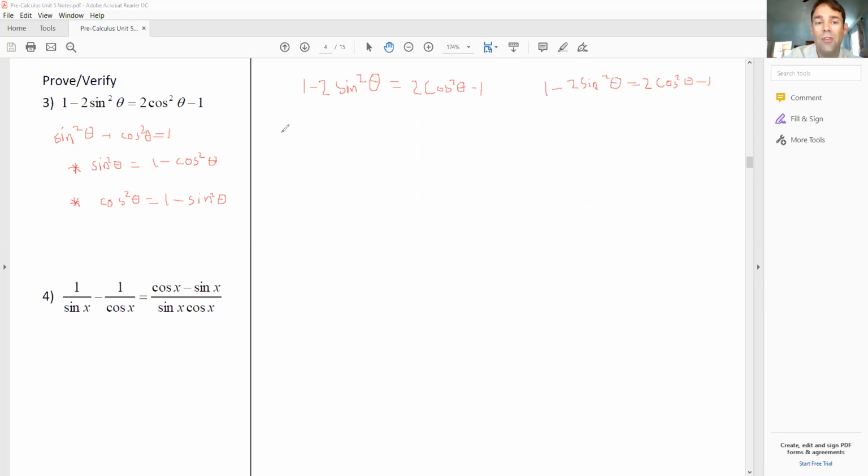So the folks that did the left side, we're going to deal with yours first. If I'm using the left side, I can only use the left side. I can't do anything else. Can't use the right side at all. So sine squared was 1 minus cosine squared. So I'm going to plug that in there.